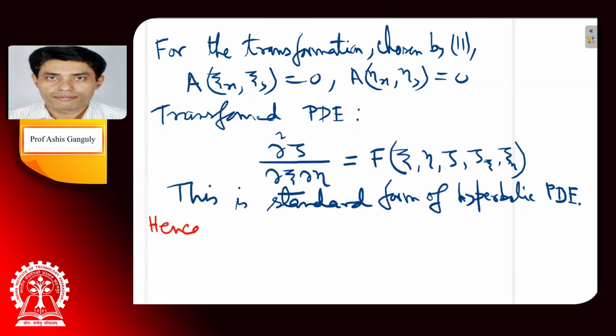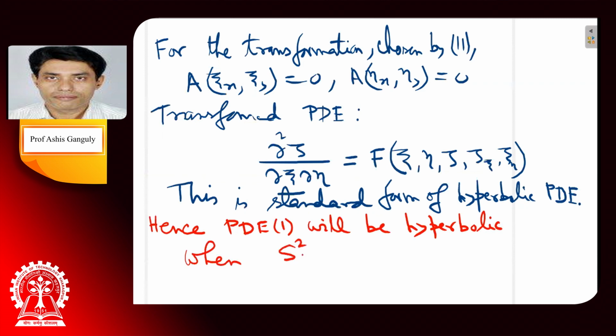Hence, PDE 1 will be hyperbolic when s square minus 4RT is greater than 0. Okay.